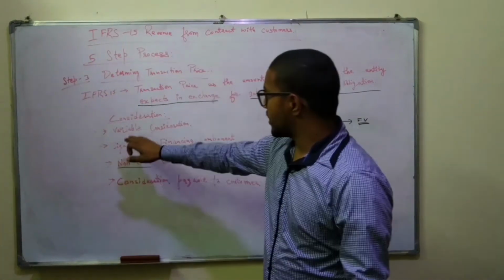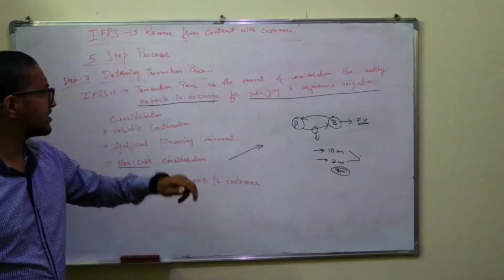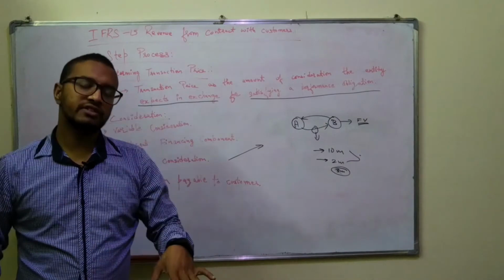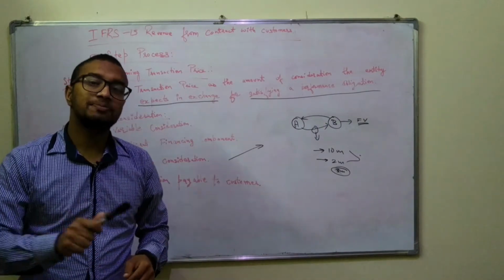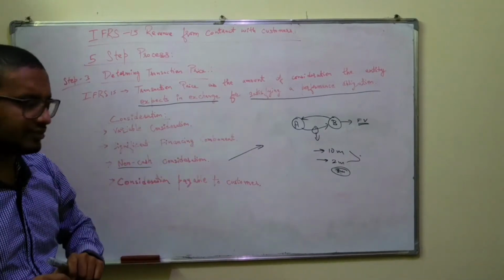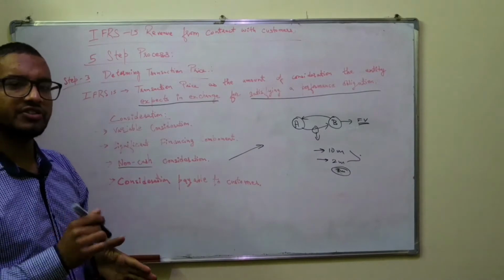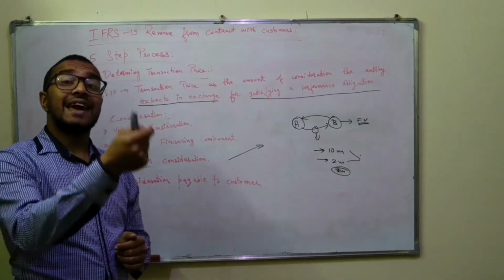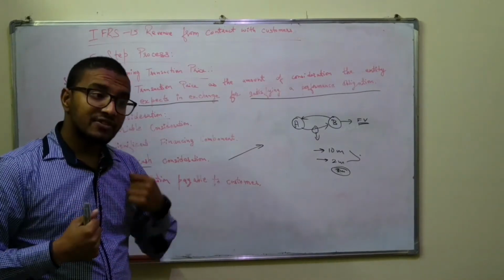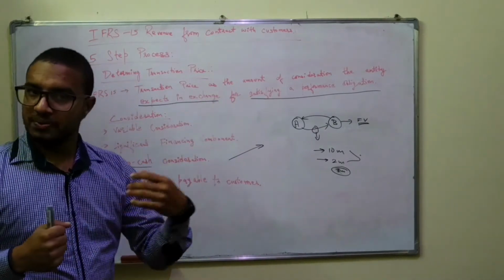And then yes, let's look at variable consideration. Let's not forget the definition of transaction price. Transaction price is the amount of consideration that an entity expects to receive for satisfying a performance obligation. This is a very important definition. The performance obligation could be anything.